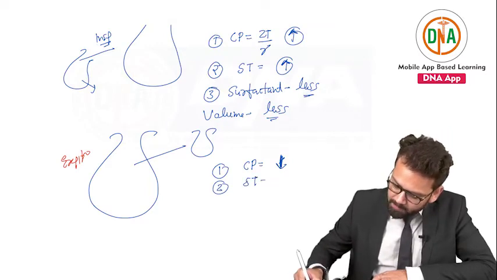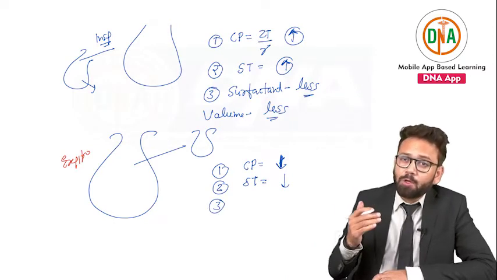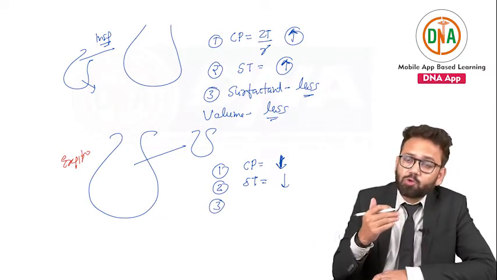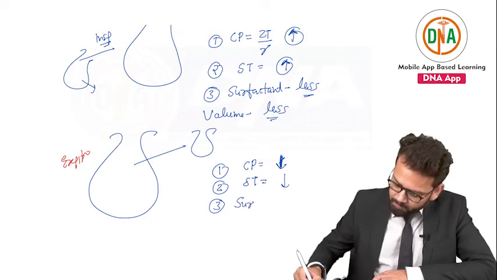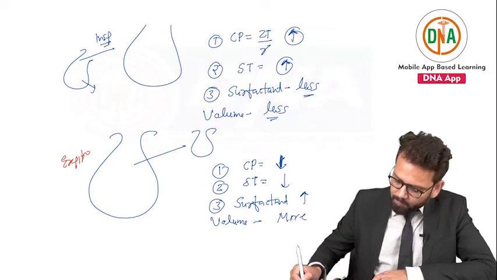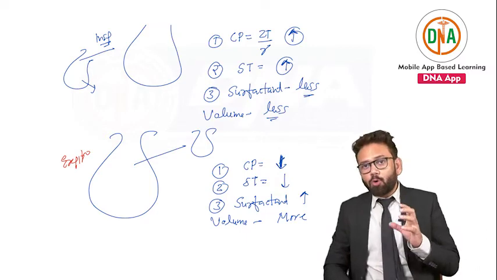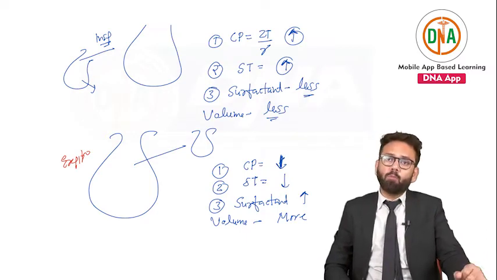Surface tension will also be less, and because surfactant took some time to go inside, surfactant will be more. So volume will be more. Now you can see volume during inspiration is less and volume during expiration is more.